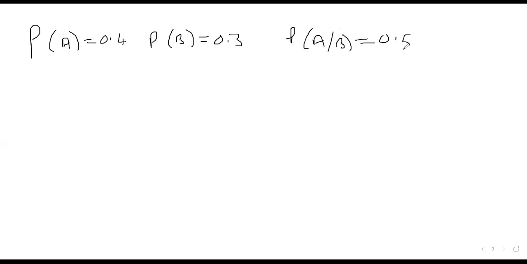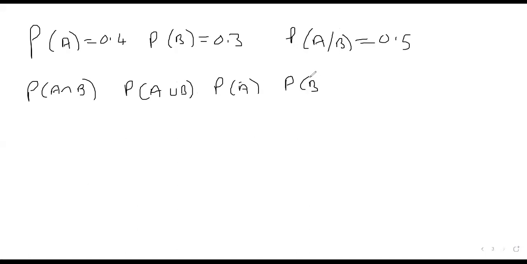Let us find 5 things. Number 1, the probability of A intersection B. Number 2, the probability of A union B. Number 3, the probability of A complement. Number 4, probability of B complement.